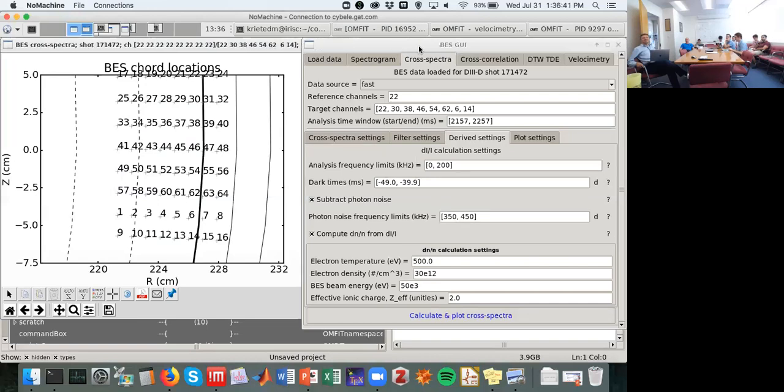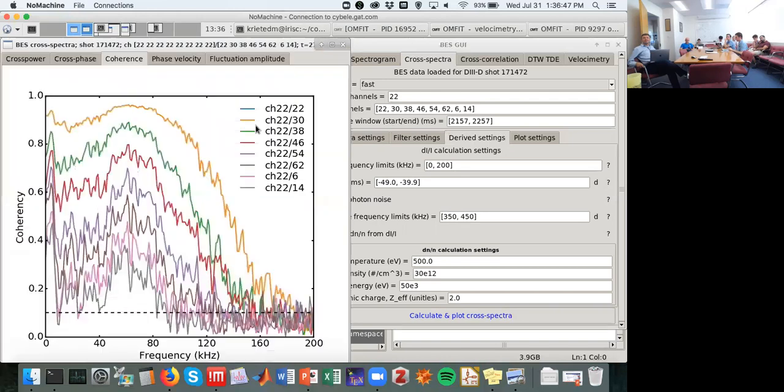Okay, so I'm looking at the cross spectra for this column of data. The important thing to look at here is the coherence. The blue is the coherence between a channel with itself, which is always identically 1, so you don't even see a blue signal here.